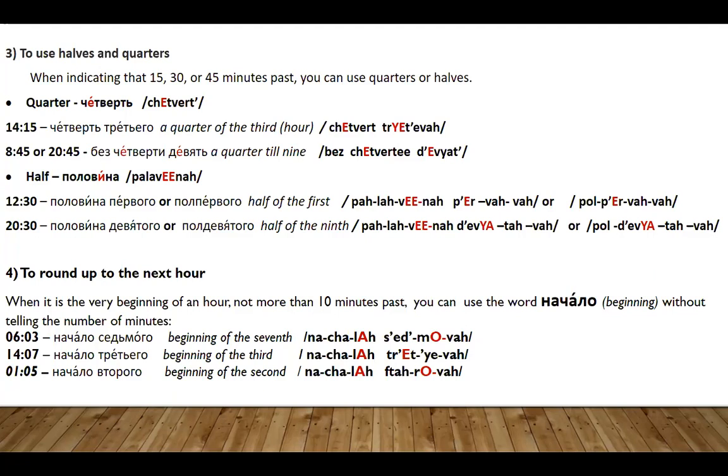So half of the first. The full version is половина первого, or the contracted form is пол первого. Instead of половина, you just say пол. Половина первого or пол первого.